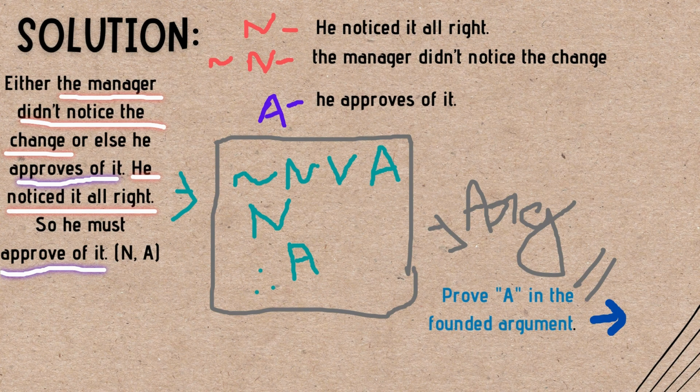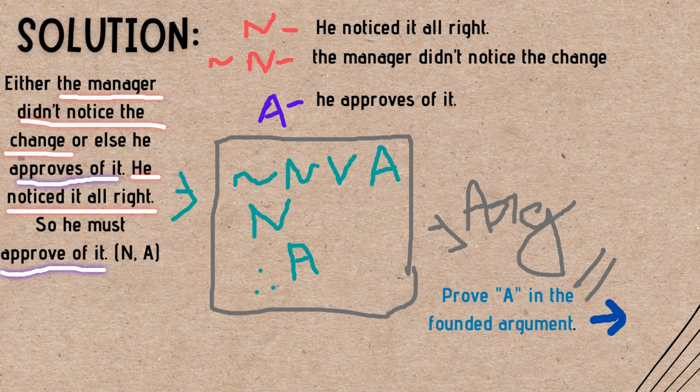Either the manager didn't notice the change: negation n. Or means disjunction. Else he approves of it: a. So this is the first premise.